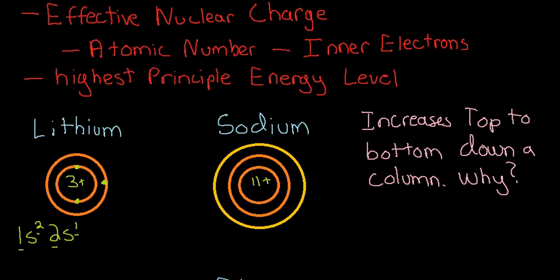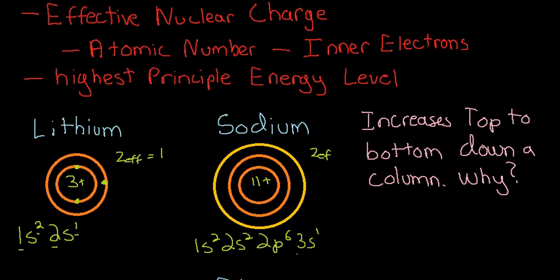So what we can see is that the effective nuclear charge of the lithium atom would be the atomic number minus the number of inner electrons. So Z effective would equal 1 in this case, 3 minus the 2 inner electrons that are in the n equals 1 energy level. For sodium, the atomic number is 11, and there are 10 inner electrons. The electron configuration of sodium is 1s2, 2s2, 2p6, 3s1.